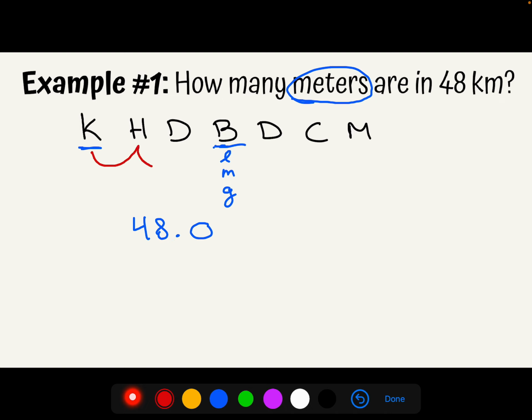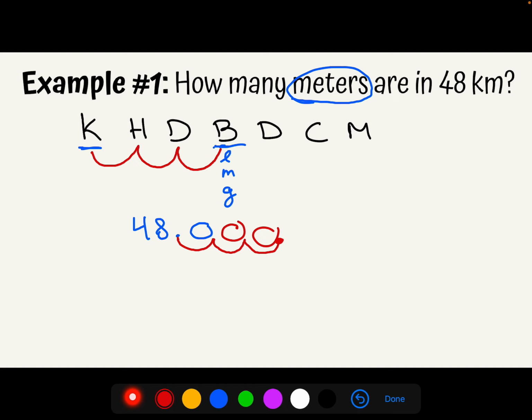1, 2, 3 times. So since I had to move 3 times to the right to get from kilometers to meters, I'm going to move my decimal 1, 2, 3 times over to the right, and I'm going to fill in zeros in the empty places.